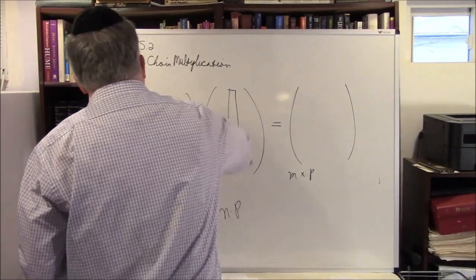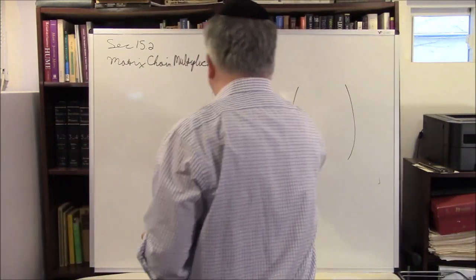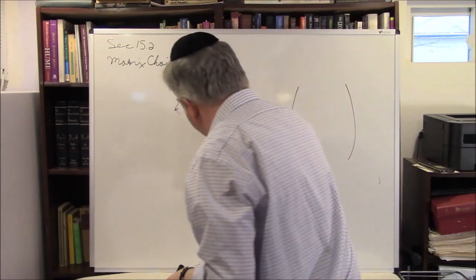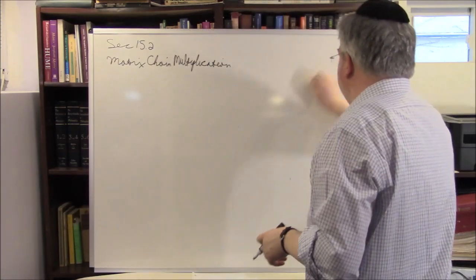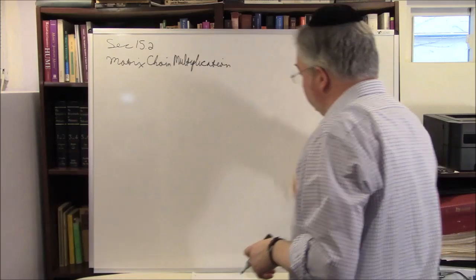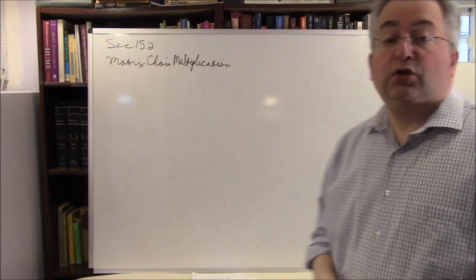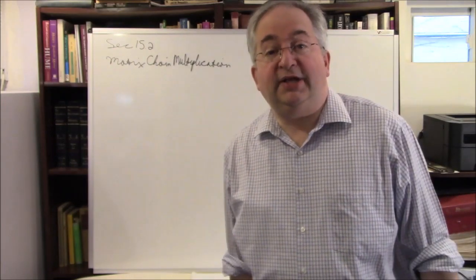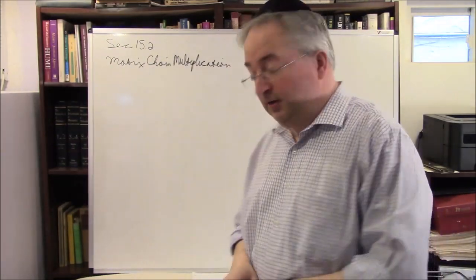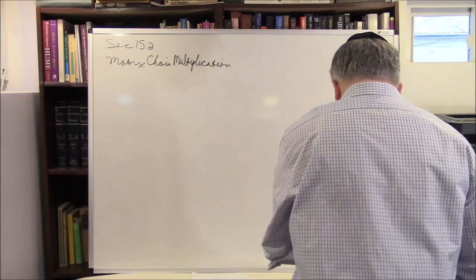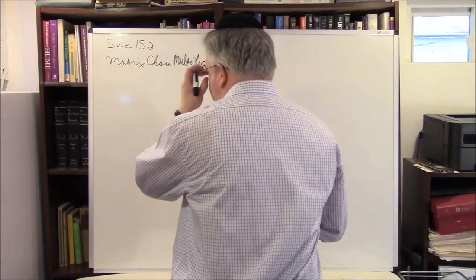Great. Now, question. So we now know how many operations it takes to multiply two matrices. How many operations does it take to multiply three? Let's work it out with a nice example.